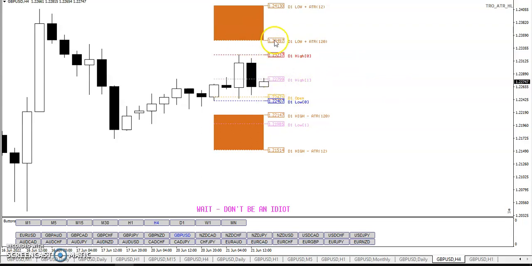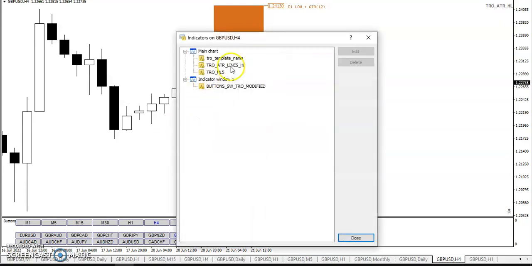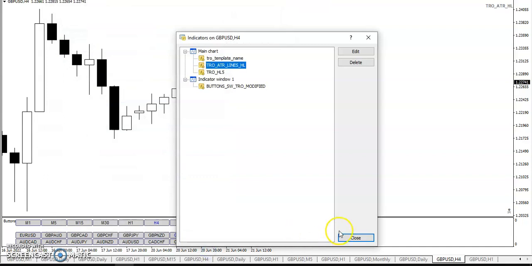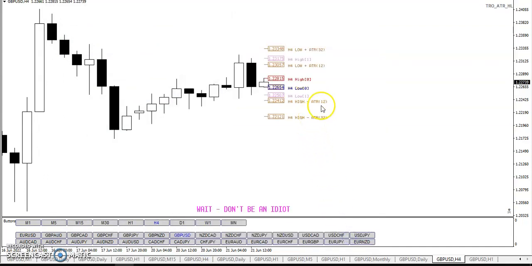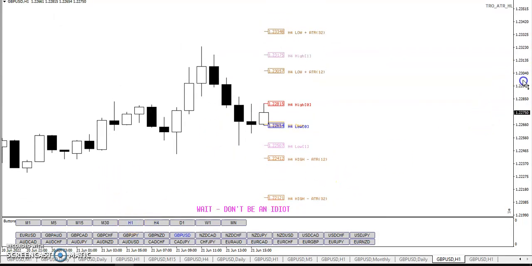So once again, using these ATR ranges works pretty well. What you can do is bring it down to, say, maybe the 4-hour range, and put it on a 1-hour chart.